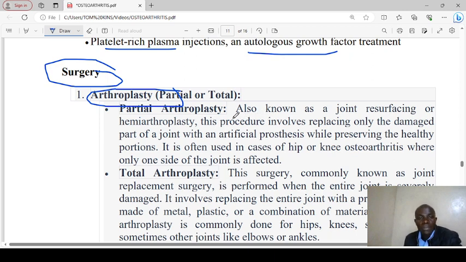So in partial, it is also known as joint resurfacing or hemiarthroplasty. This procedure involves replacing only the damaged part of a joint with an artificial prosthesis while preserving the healthy portions. It is often used in cases of hip or knee osteoarthritis where only one side of the joint is affected.